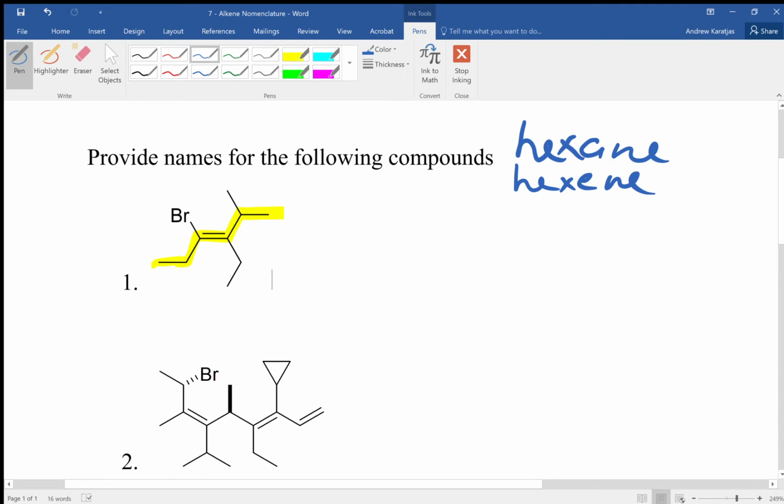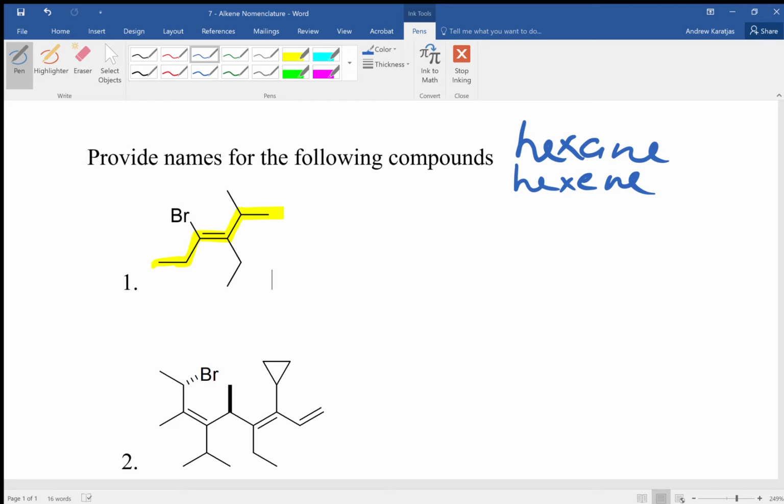Now, which way do we need to number this one? If we start on the left side, we get our alkene at 3. If we start on the right side, we also get our alkene on 3. Now remember, when the alkene gets the same number in both directions, how do we break the tie?